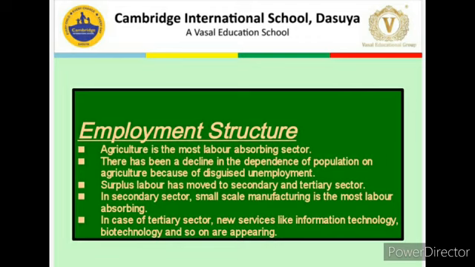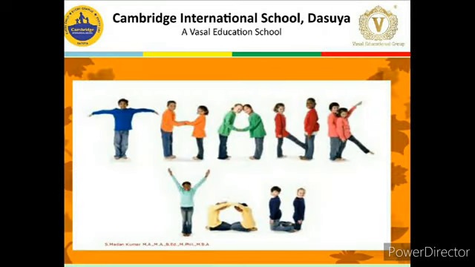So students, unemployment is a situation where people do not get work when they are first of all willing to work, they are capable of working, and they agree to work at the existing wage rate, but they still do not get work.